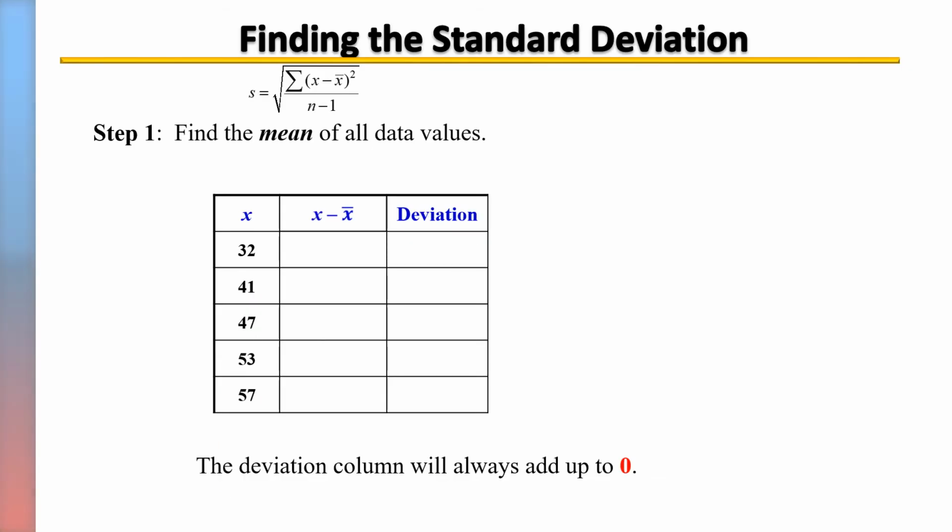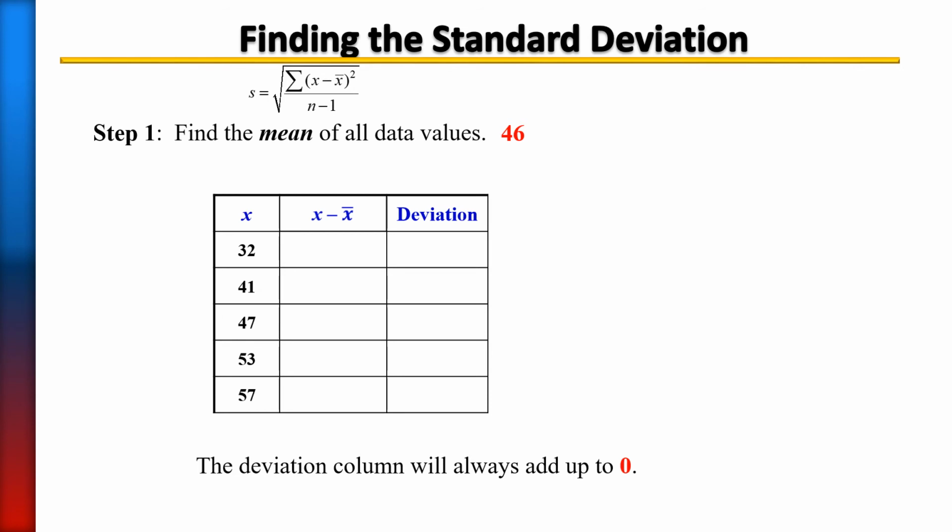So step 1, find the mean of your data. We have a data set that only includes 5 numbers, so we can easily find our mean by simply adding all 5 numbers and dividing by 5. When we do that, we get a mean of 46.